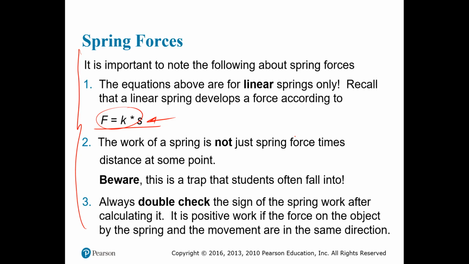People forget the square. And more importantly, always double check the sign of the spring work. Like I told you as an example, and you will see that when we have exercises, if your spring is helping your particle to move, then the work done will be positive. If not, it's negative.